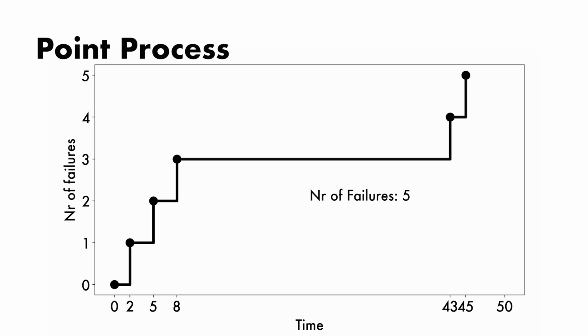It's integer value because we are counting the number of failures over time. And it's increasing because we are accumulating the number of failures. So it has a tendency to stay the same or always increase. And this stochastic process counts the number of occurrences, or in our case of failures, as time goes by.